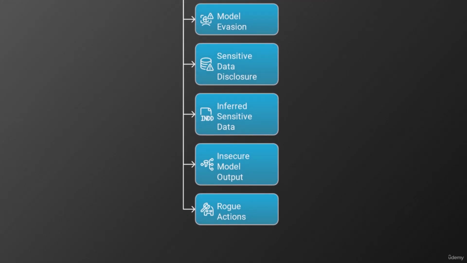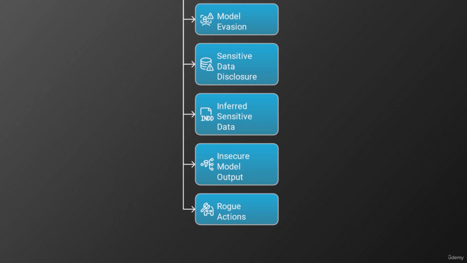Model evasion. Slight manipulations to the input can trick the model into producing incorrect or unexpected outputs, often without triggering alerts. Sensitive data disclosure. Attackers manipulate the model to reveal private or confidential information it was exposed to during training or inference. Inferred sensitive data. Even without direct access, the model can infer and reveal sensitive details based on patterns learned during training.